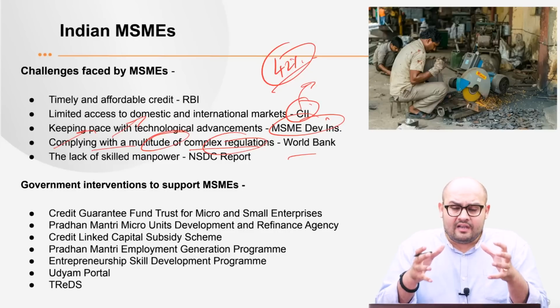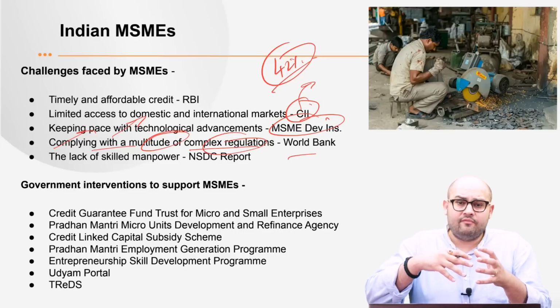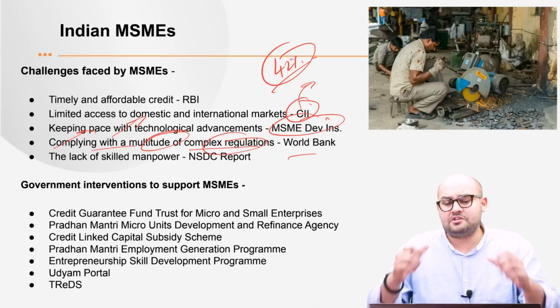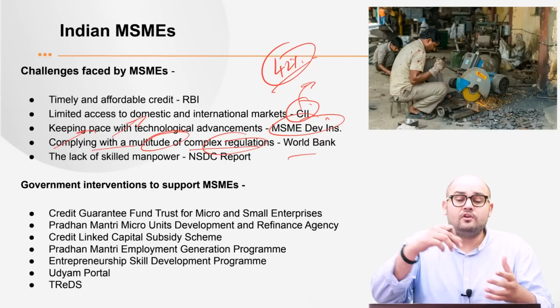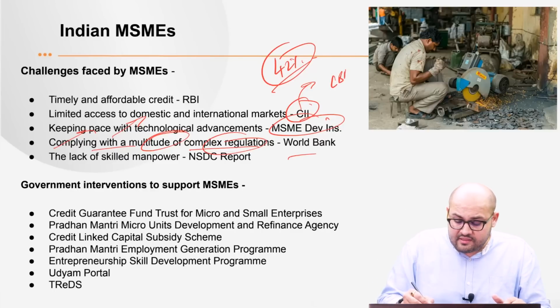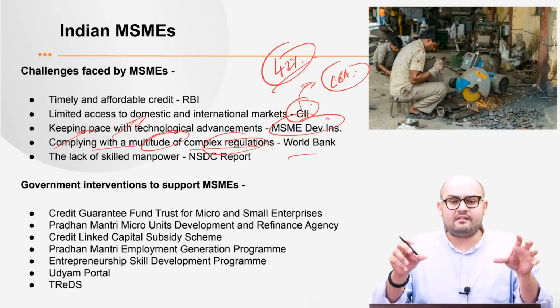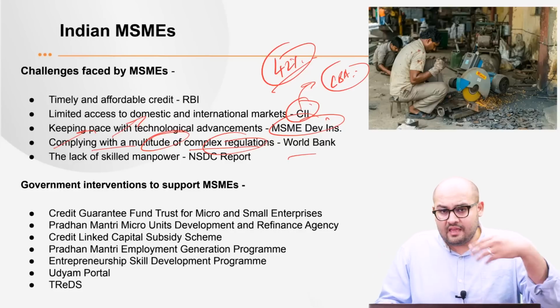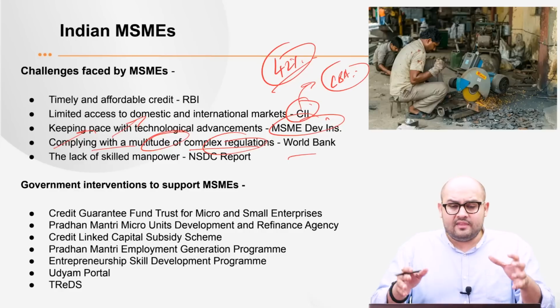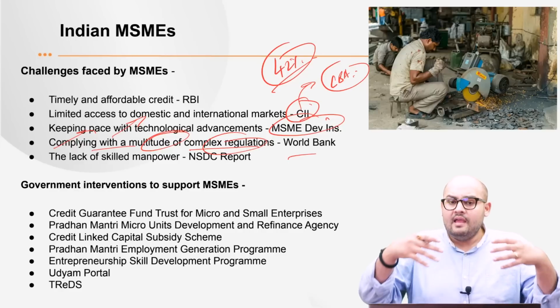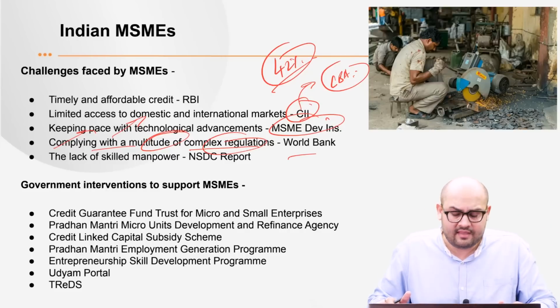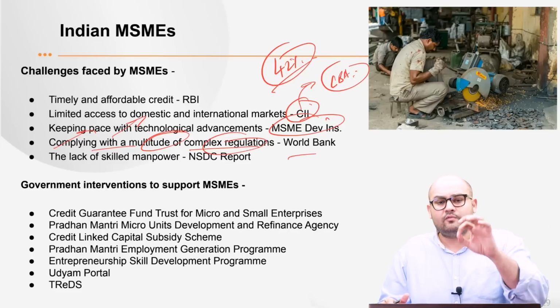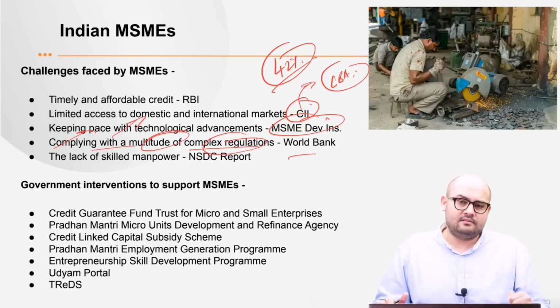Now, if you have got limited resources and you are investing a lot of money and time in making sure that you comply with these regulations, obviously the MSMEs would not be able to focus upon the core business activity. See, every enterprise has a core business activity, right, which they are performing and earning money. But if they have to invest a lot of money, a lot of time in these other activities in order to comply with the regulations, they won't be able to focus on CBA, that is core business activity, and thus it would lead to lower returns.